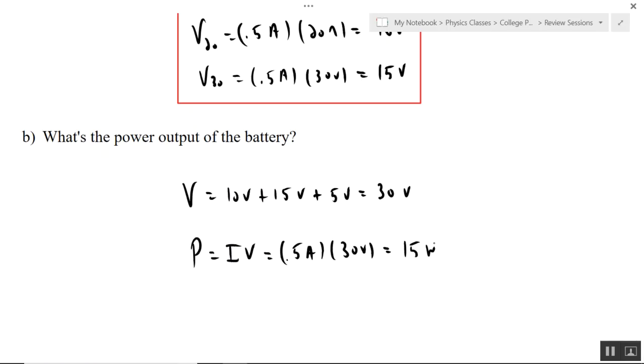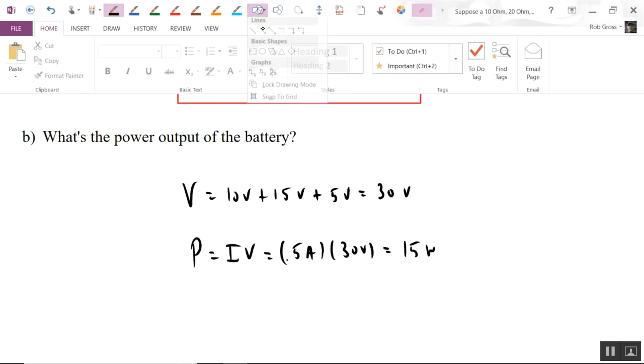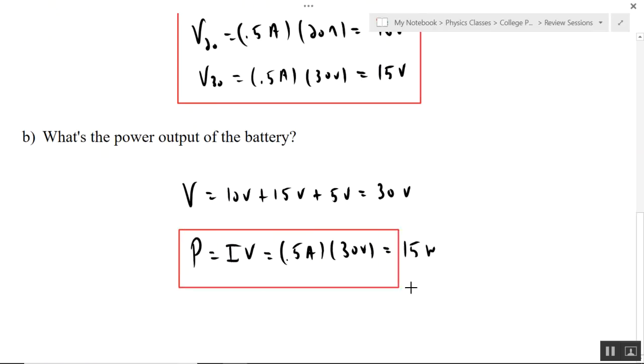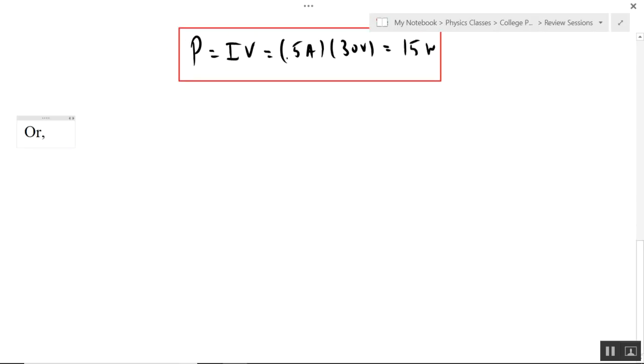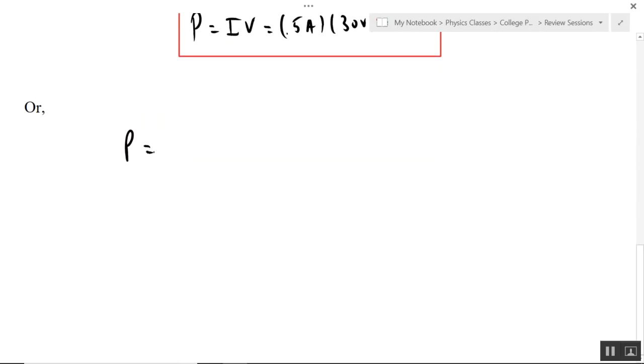So that's 1A and 1B way to do it. There's another way, and that's to find the power dissipated by all the resistors, and then adding them together should also give the power from the battery. But just as a check, I'll do it quick. Or you could find the power through each resistor, which is I squared R1 plus I squared R2 plus I squared R3.